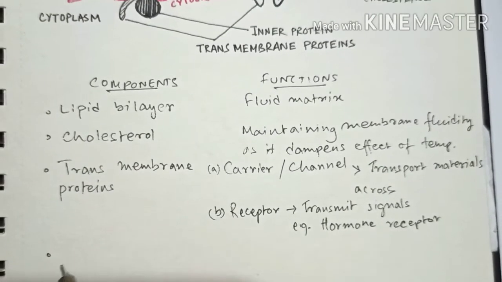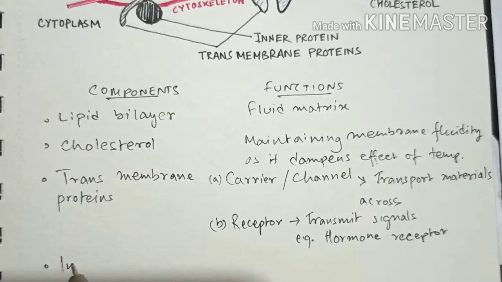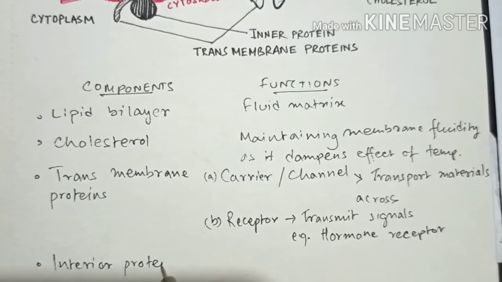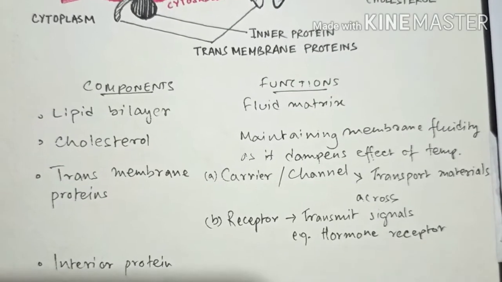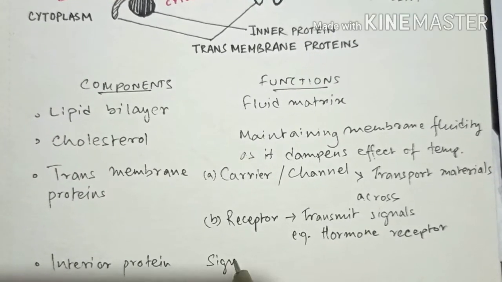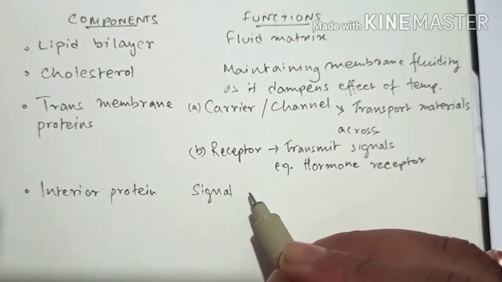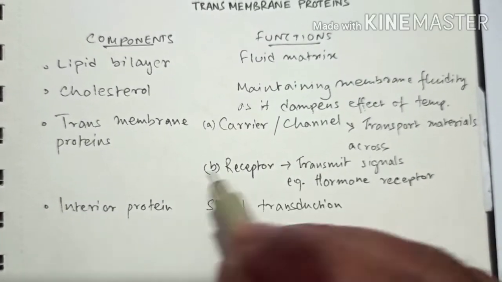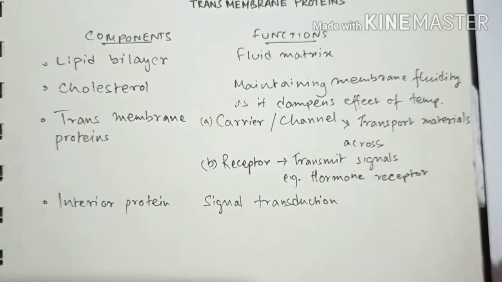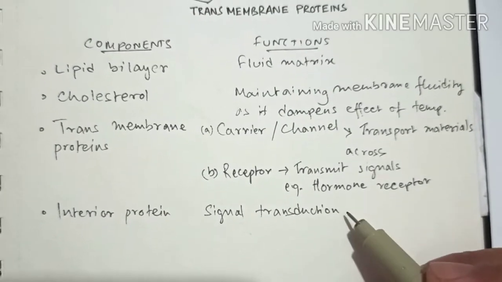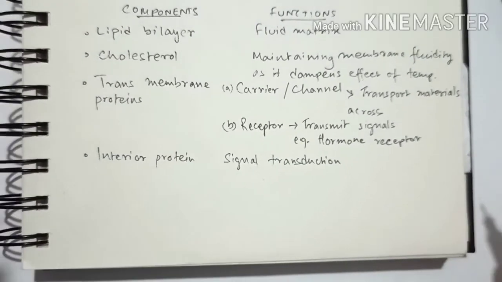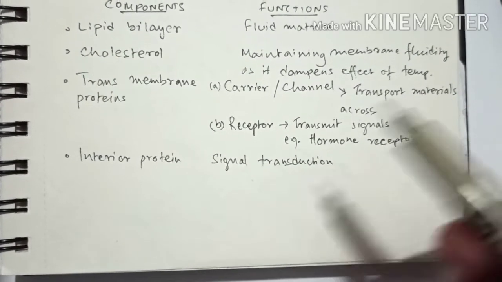Along with the receptor protein works the integral protein, which, as I said, helps in signal transduction. Now signal transduction is a process in which the signal that it has received, say the hormone signal, it will carry and pass along to the nucleus. For the nucleus, until and unless it receives the signal, it cannot work.